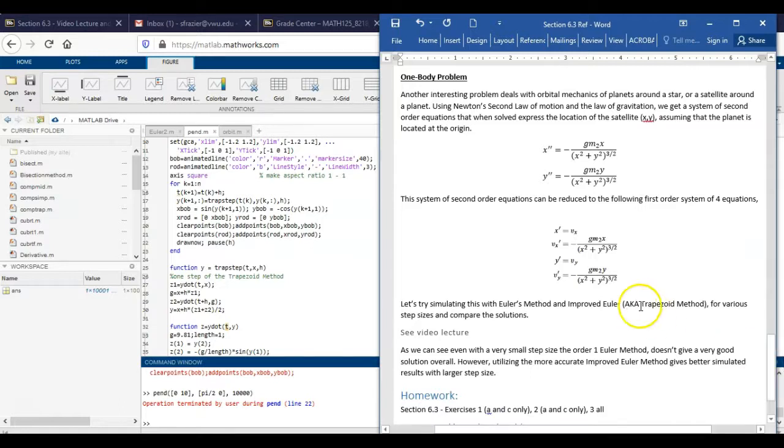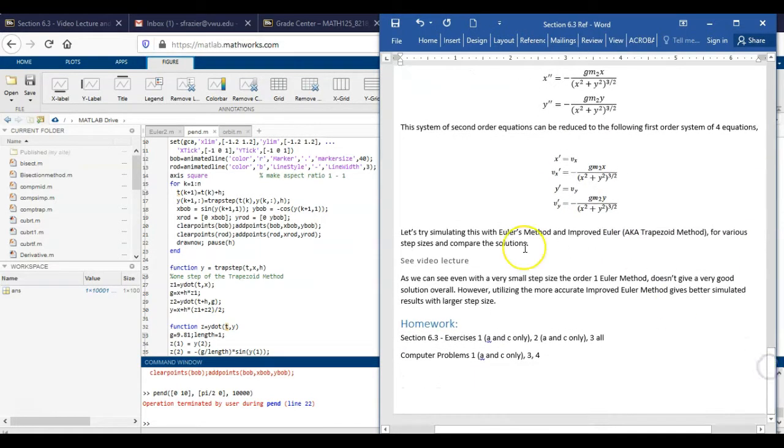This differential equation, if solved, will identify the location of the planet orbiting the sun or the satellite orbiting the planet, either way, right? It can be decomposed into a system very easily like this. And I've given you the code for that as well.